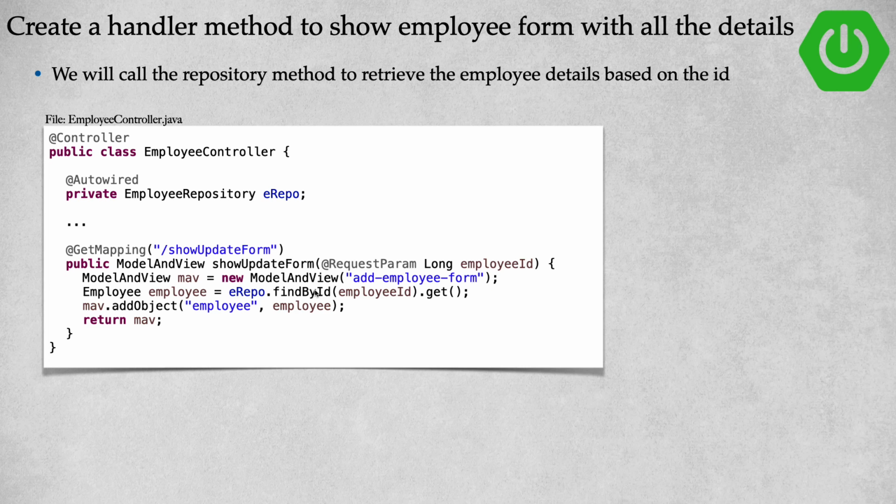To the ModelAndView constructor we are going to pass the Thymeleaf template name, which is add-employee-form, and we are going to make use of the employee repository to call the repository method findById, and we will pass the employee ID. This is going to return an Optional. On that we are going to call the get method. This will give us the employee object, and that employee object we will add to the ModelAndView object, and we will return the ModelAndView object back to the UI.